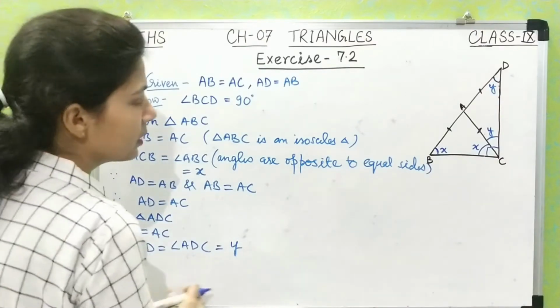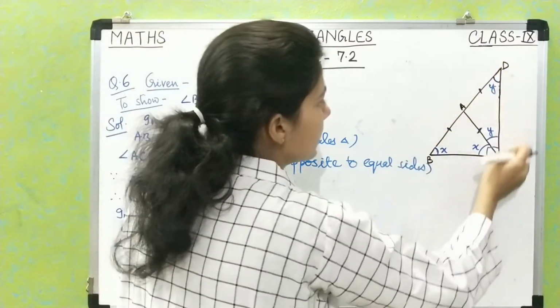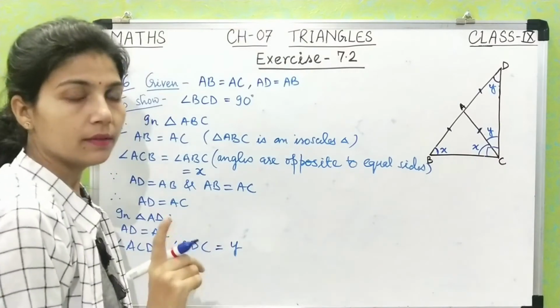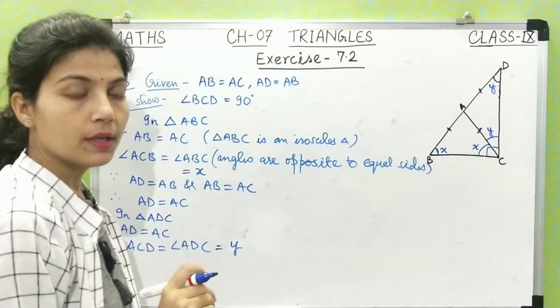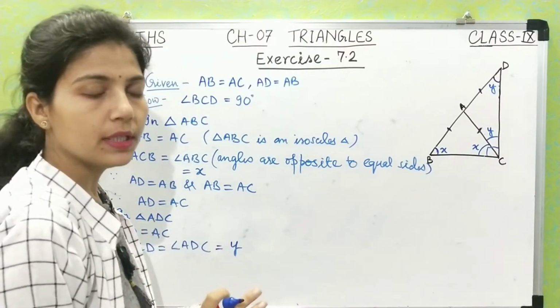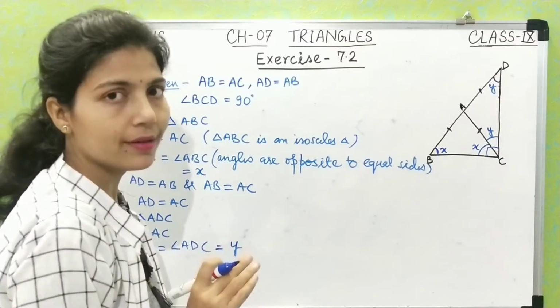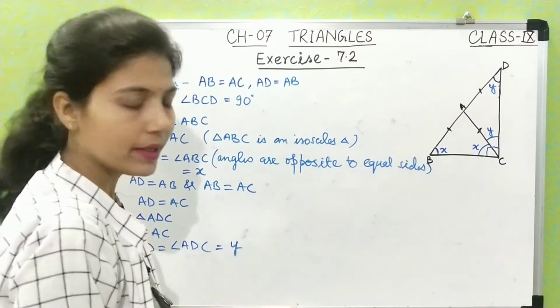Now see, since DCB is a triangle, by the angle sum property, the sum of all three angles of a triangle is 180.